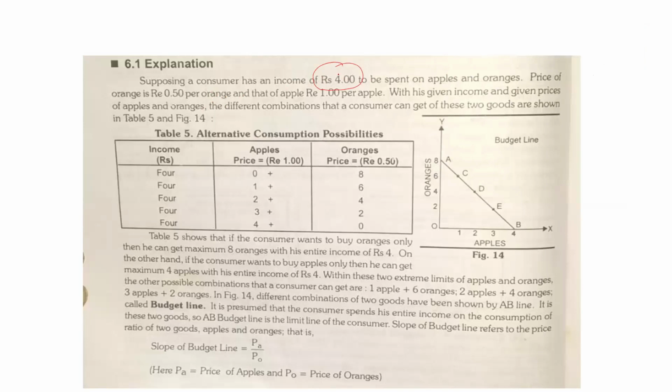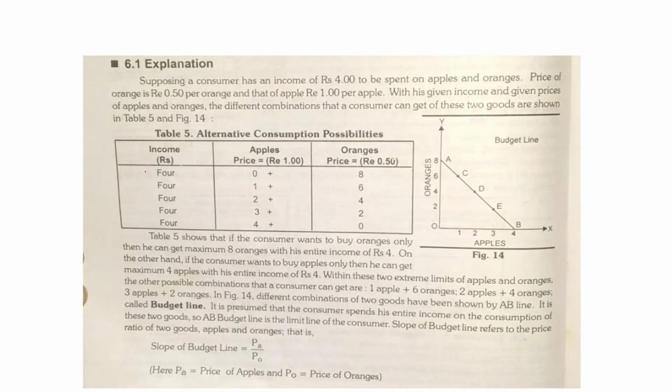He has to spend this on apples and oranges, and their prices have already been given. Price of orange is 0.5 per orange, and that of apple is 1 rupee per apple. So prices are already given, income is already given. Whatever curve you get from the different combinations, that is known as a budget line.